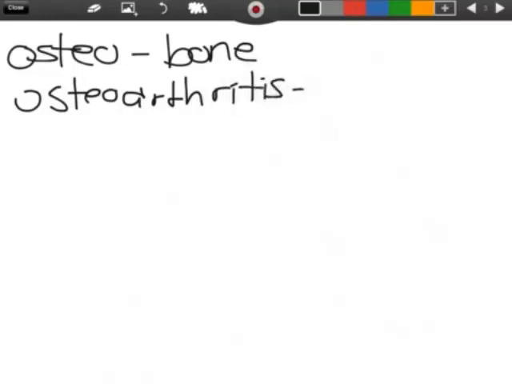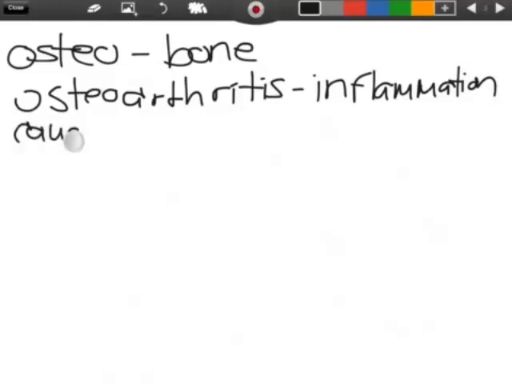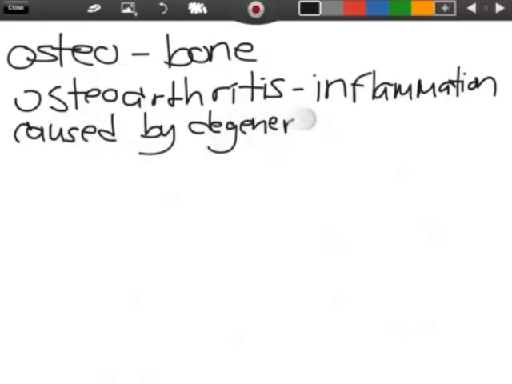And that means inflammation caused by degeneration of the joints.